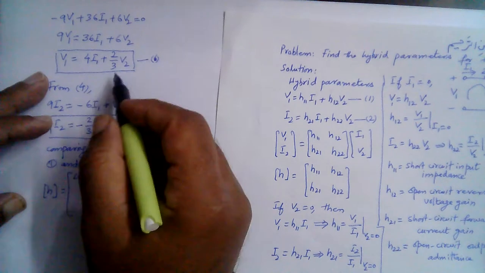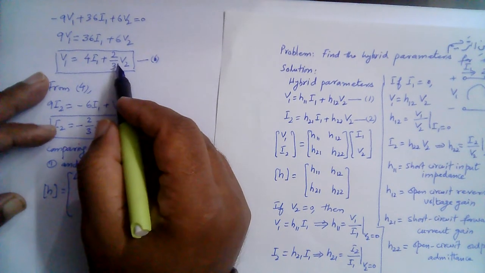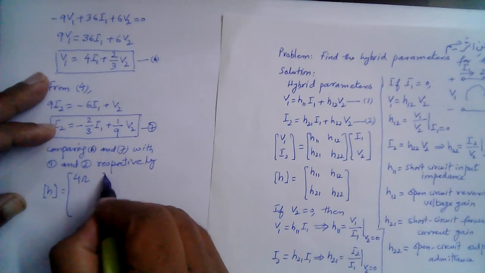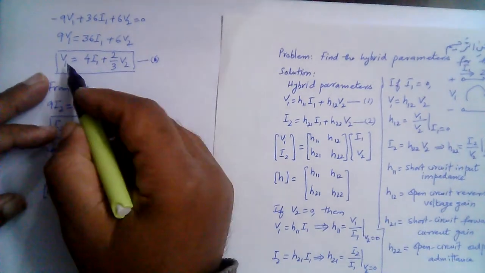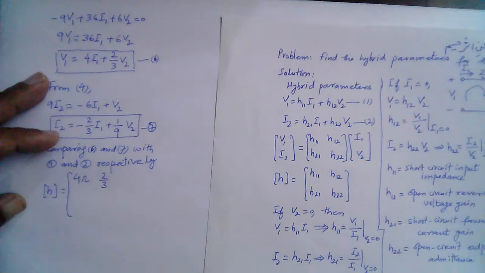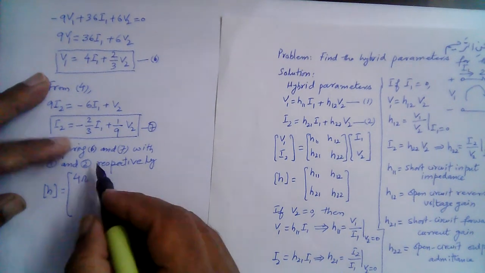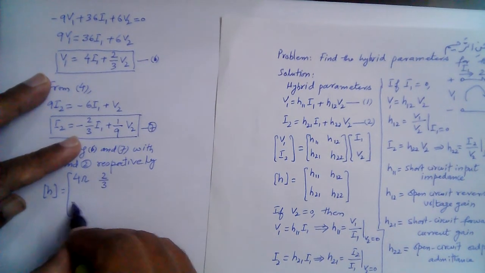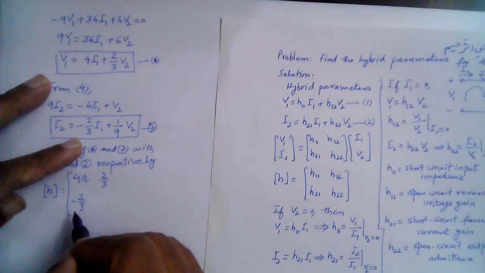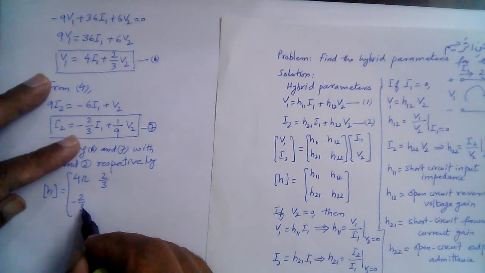And then we have h12, this is 2 by 3, but this is unitless because this is a ratio of voltages, so this is V1 divided by V2. And then we have h21, and this is also unitless, minus 2 over 3, and this is I2 divided by I1, right?